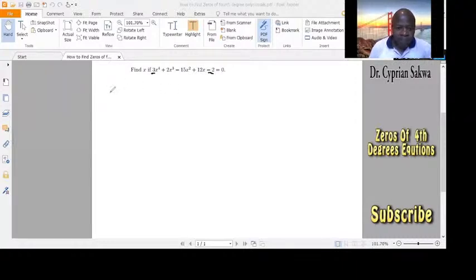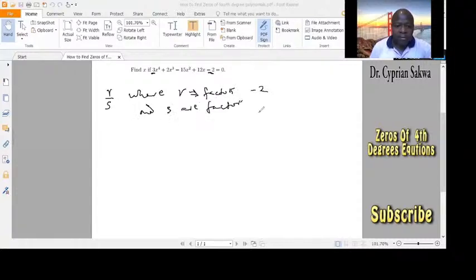Now, if this equation can be factorized, then one of its roots should be r over s, where r are factors of the constant term -2, and s are factors of the term 3.